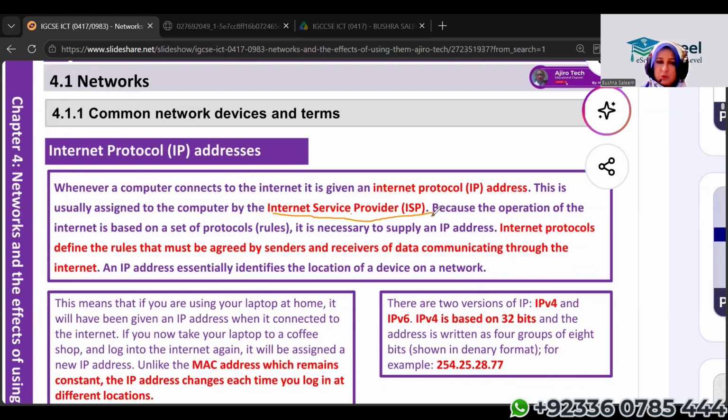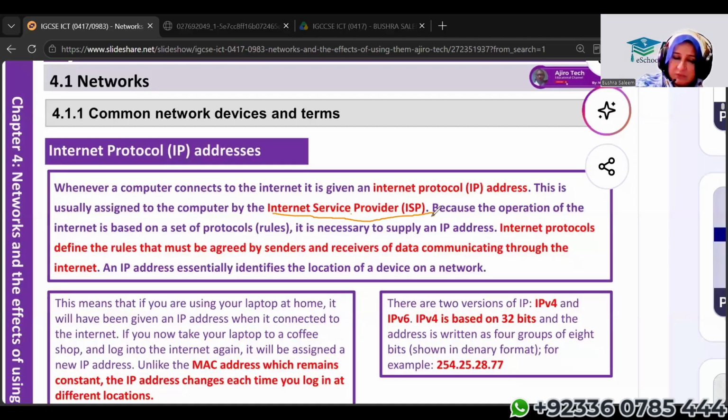You're connecting to their ISP, so your IP address will change. It will not remain the same. It depends upon the ISP that you're using. That company assigns you an IP address on their network.